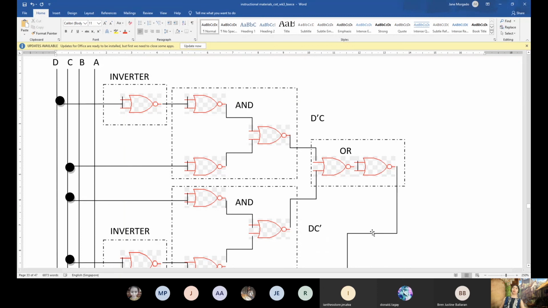So we have D prime C and DC prime here, right?